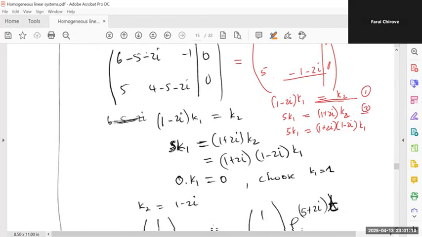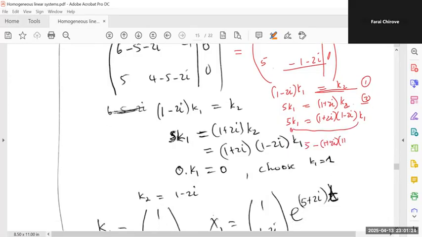You can bring this to the left-hand side, but you now have 5 minus (1 plus 2i)(1 minus 2i) times k1 is equal to 0. Right, we need to simplify this. You can see this is 1 plus 2i multiplied by its complex conjugate.